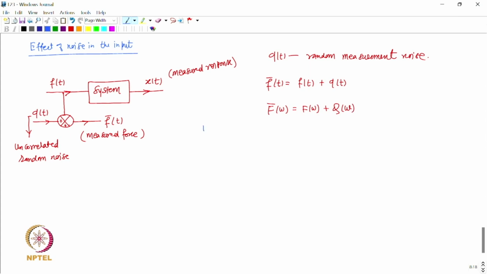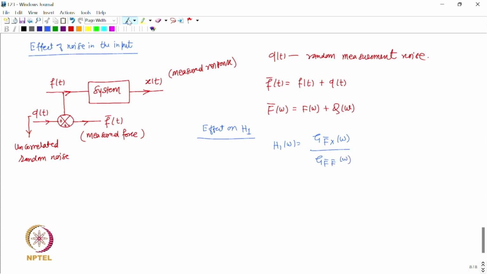So, let us first of all look at the effect on H1, and we know that H1 omega is G f bar x upon G f bar f bar omega, because now f bar is the measured force.